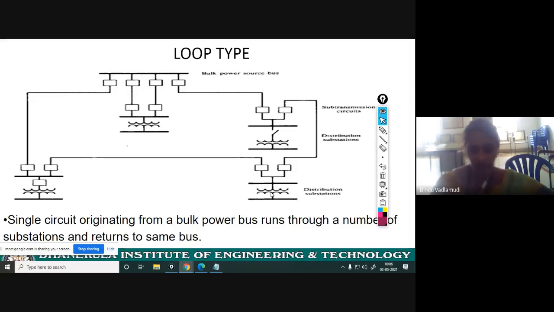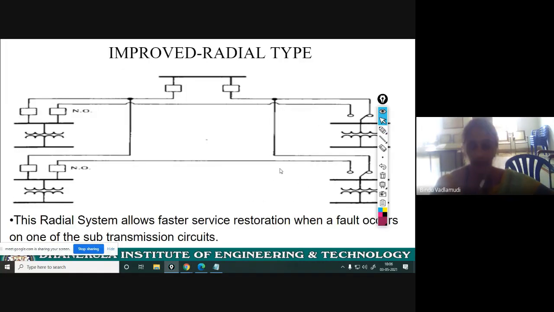So what have we discussed in the improvised radial system? How many backup systems are provided? Each and every substation is provided with a backup. Substation 2 and substation 3 are provided with a backup for substation 4 and vice versa.